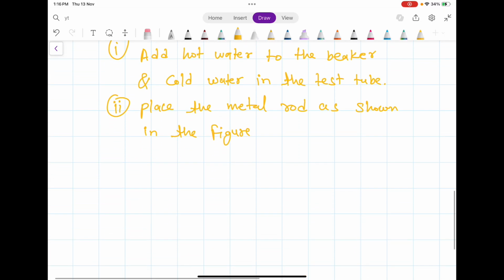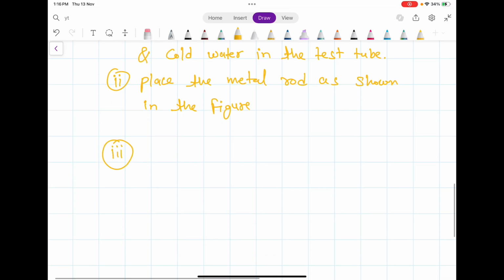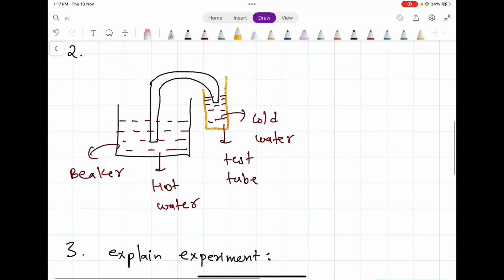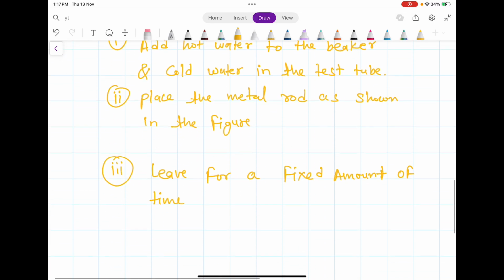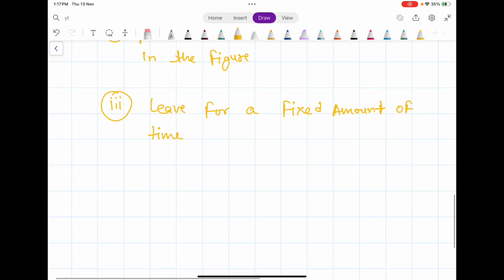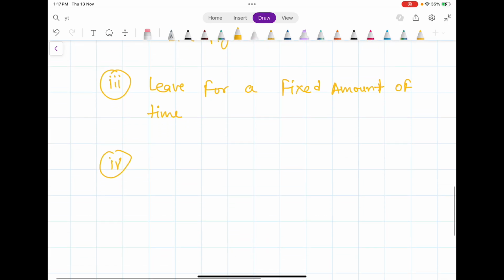Now in the third step, leave this whole thing for a fixed amount of time. You can take 10 minutes, you can take 20 minutes, you can take more than that, but that should be fixed for different metals.